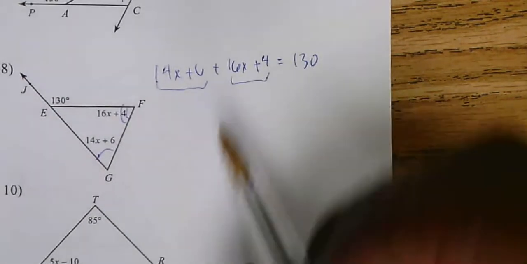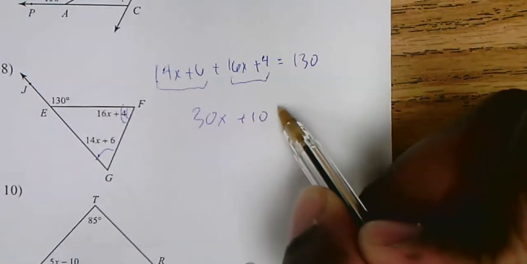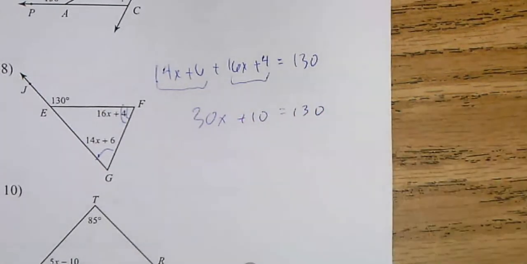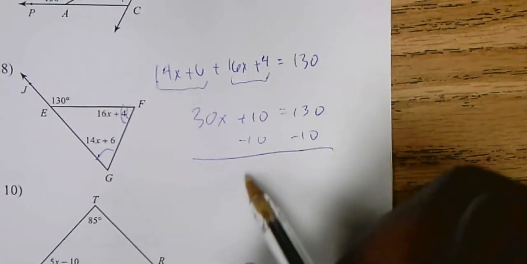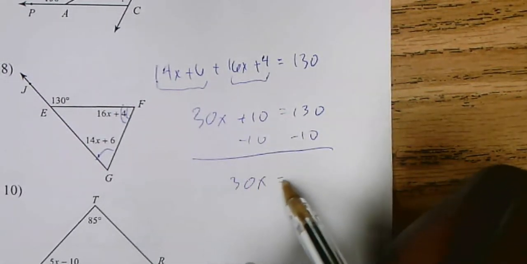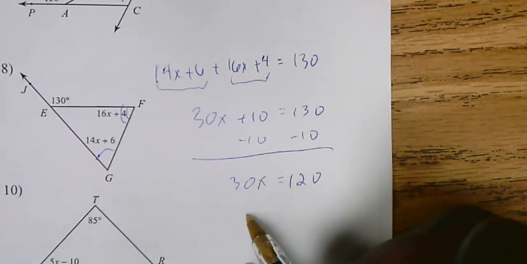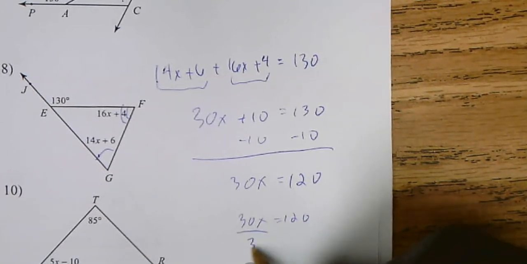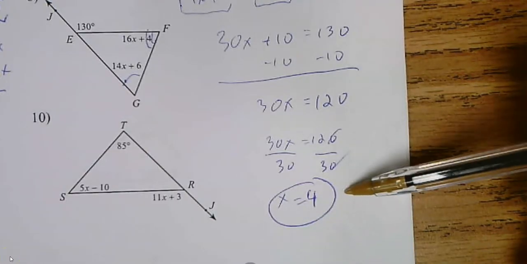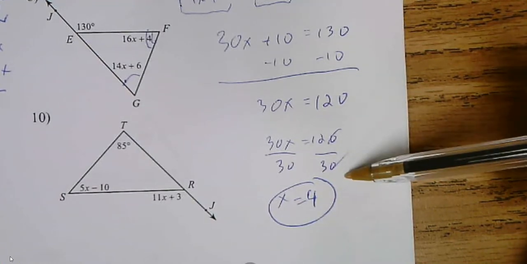Do the math for that, and that is 30x plus 10 equals 130. And subtract 10. So 30x equals 120. And we divide by 30. x should be 4. So if you divide by 30, the zeros cancel, and x would be 4.